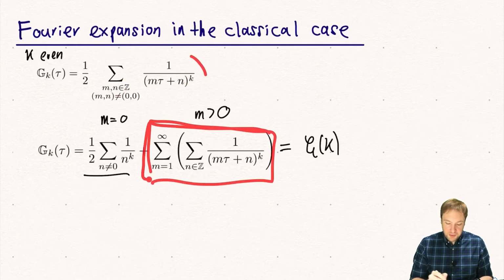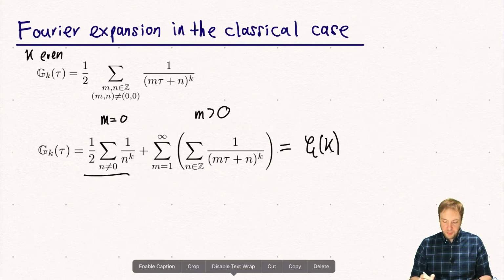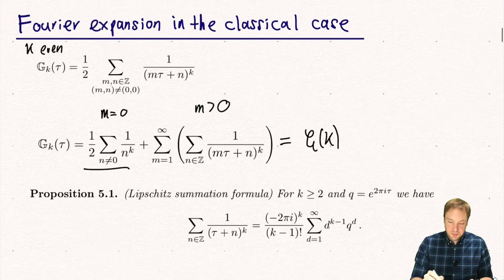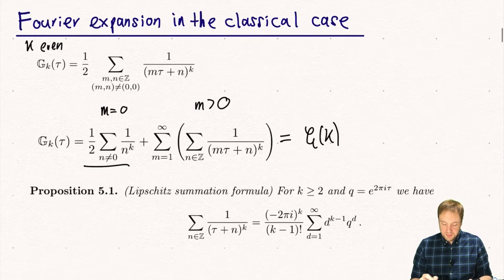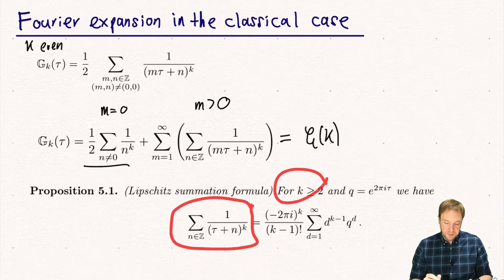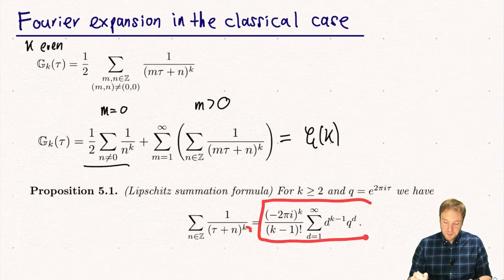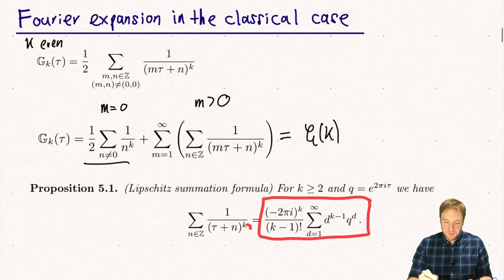And then to evaluate this sum here, we use the following formula, the so-called Lipschitz summation formula, which states that for k greater or equal to 2, this term here, the sum over all integers n of 1 over (tau plus n) to the k, can be written as this Fourier series here.